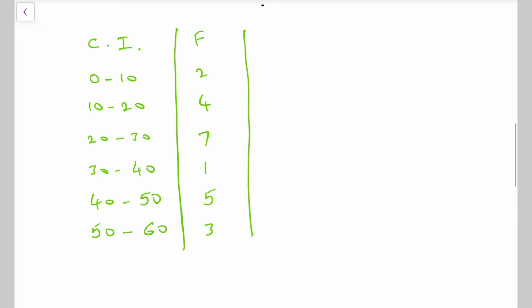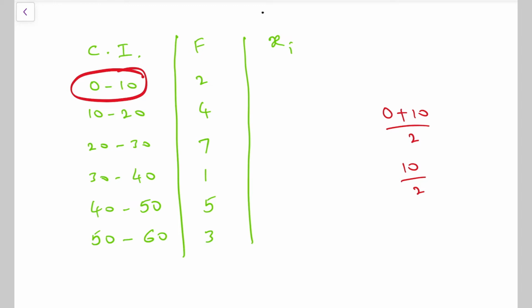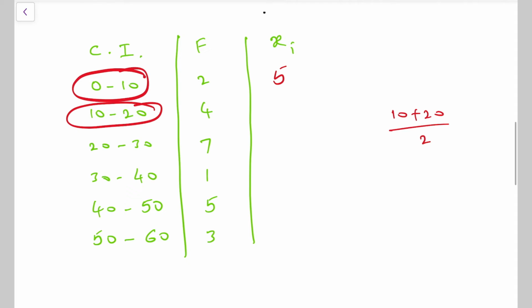Now the third column is as it is class marks only, that is xi. How will we find out the class marks? 0 plus 10 by 2. 0 plus 10, 10. 10 by 2, it is 5. Next, second class interval, 10 plus 20 divided by 2. 10 plus 20, 30. 30 by 2, it is 15.